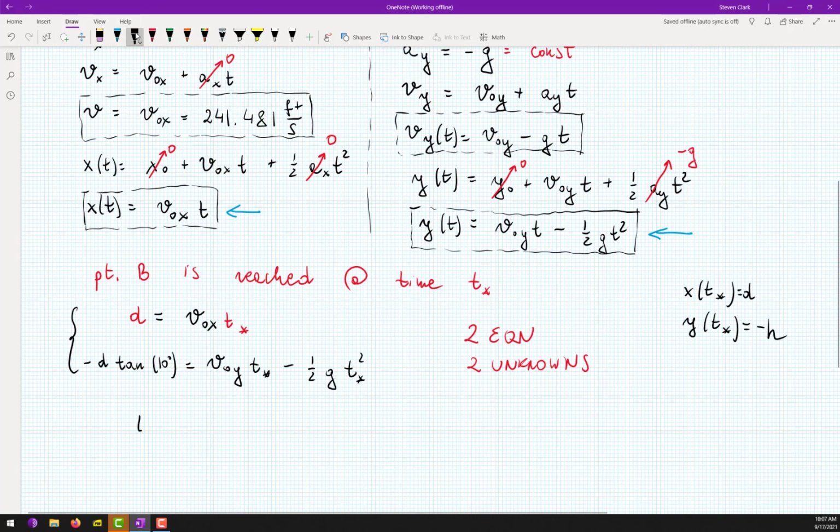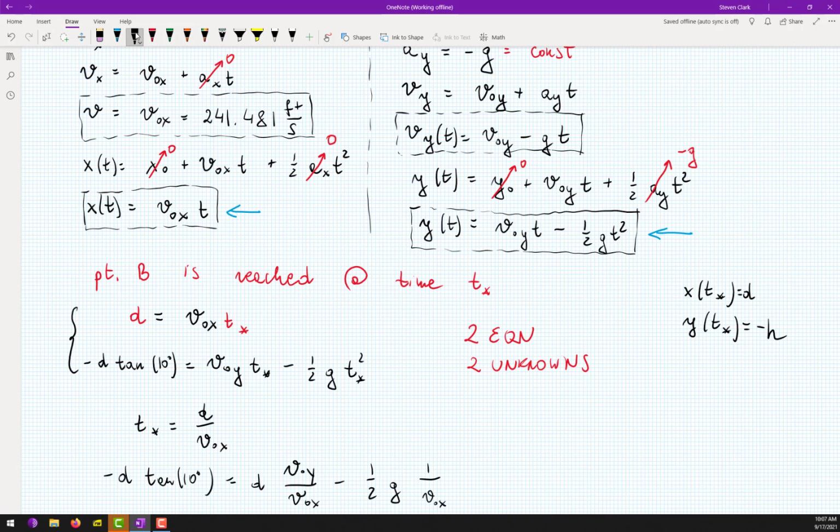So t star is equal to d divided by v0x, and let's plug this one in the second expression. So we will have minus d tangent of 10 degrees equal to d v0y over v0x minus 1/2 g times 1 divided by v0x squared d squared.